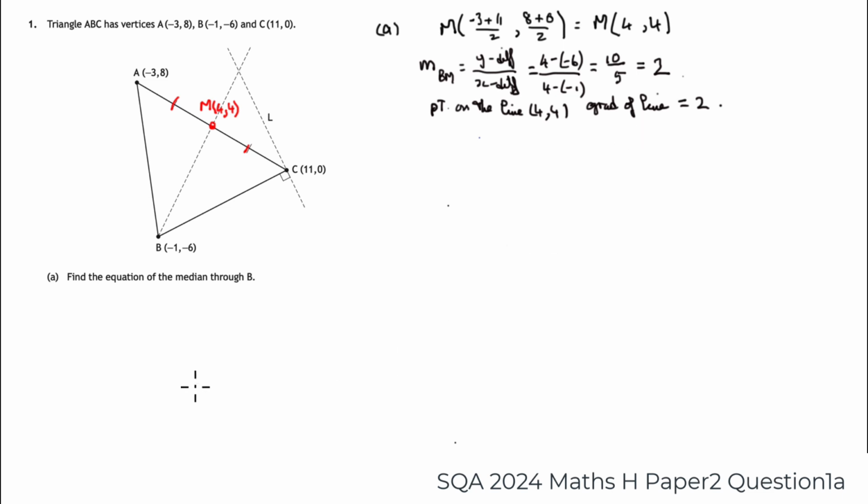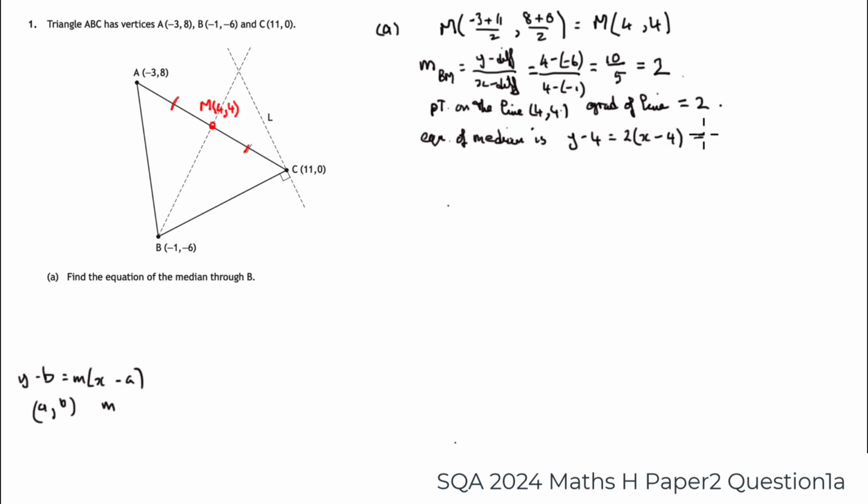So we'll use our y minus b equals m times x minus a formula, where we know that a, b in this case is 4, 4, and the gradient m is 2. So the equation of the median is y minus 4, that's y minus b, equals m, that's 2, x minus a, and that's the x coordinate of the point on the line.